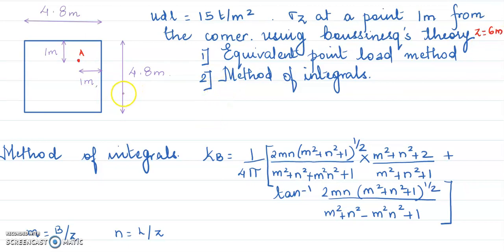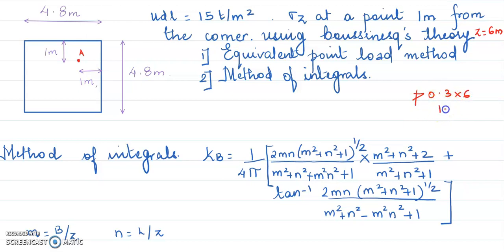So now this particular problem can be solved by equivalent point load method as well as method of integrals. In equivalent point load method, what I will do is I will divide this area into parts wherein the largest dimension should not be greater than 0.3 times z, that is 6 meter.